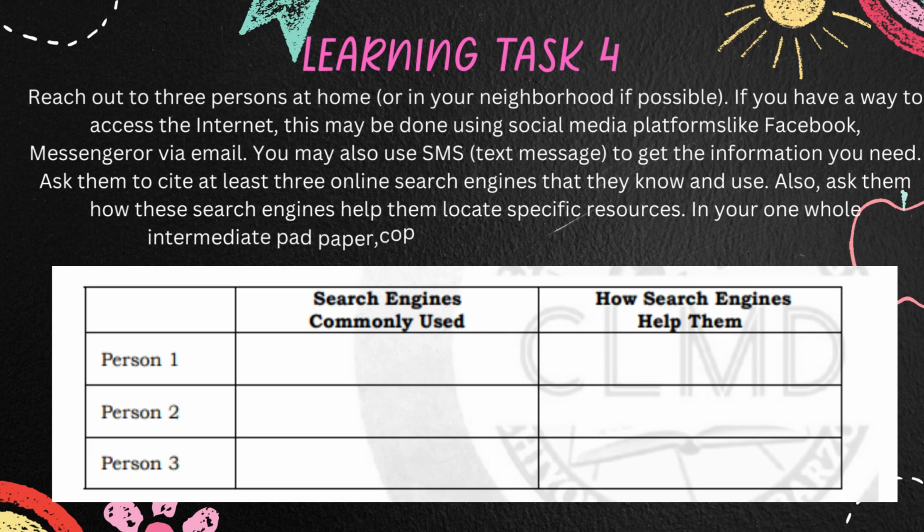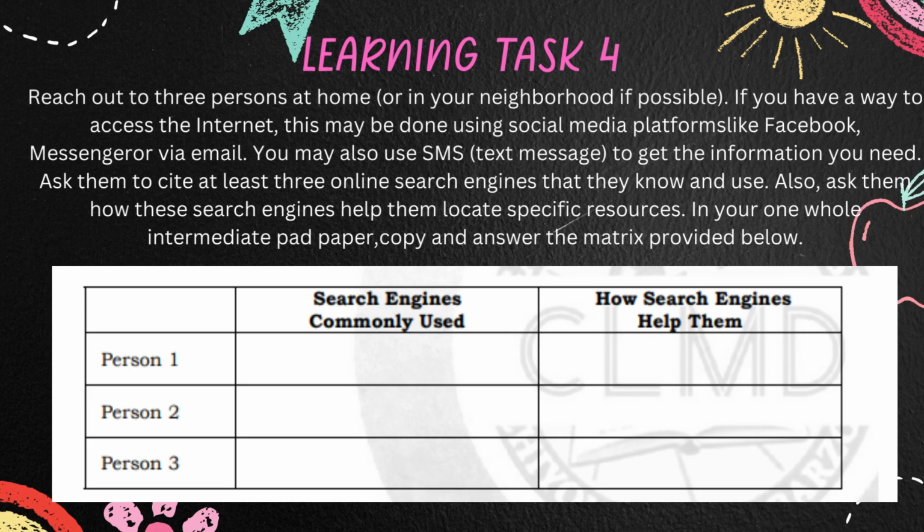This may be done using social media platforms such as Facebook or Messenger, or via email, or you may also use SMS to get the information you need. Ask them to cite at least three online search engines that they know and use. Also, ask them how these search engines help them locate specific resources. Now, on one whole piece of intermediate paper, copy and answer the matrix provided. That's learning task number 4.